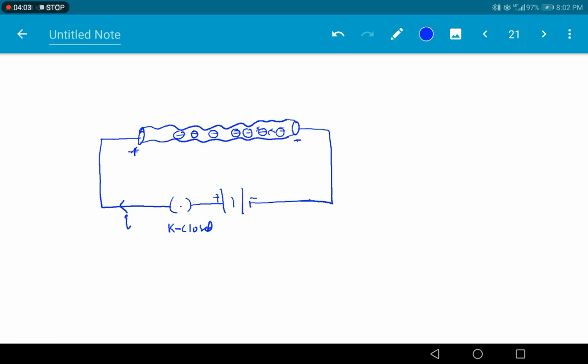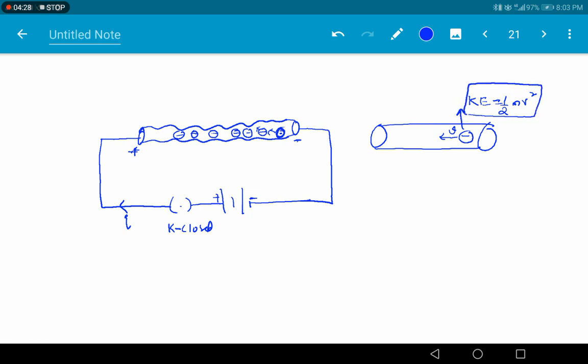In this process, the electron is moving with a particular speed because of the repulsion force. When the electron is moving with a particular speed, what kind of energy does it have? It has kinetic energy. The kinetic energy formula we know already: kinetic energy equals half m v square.